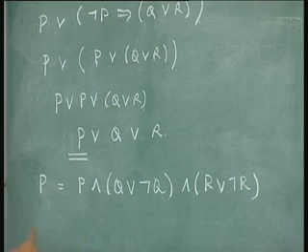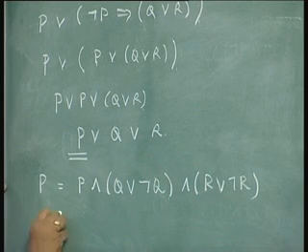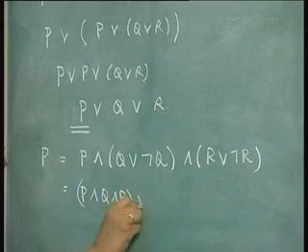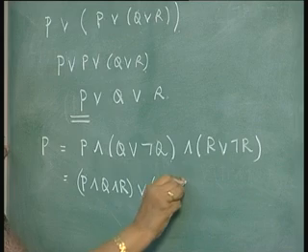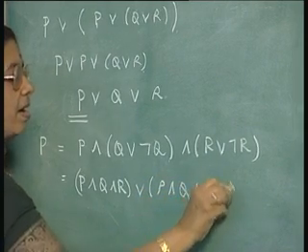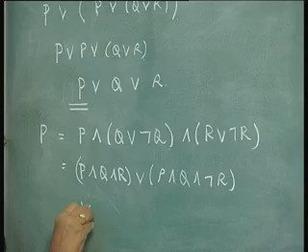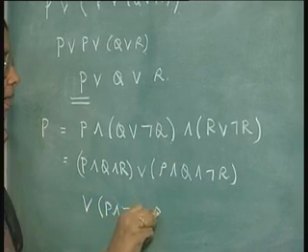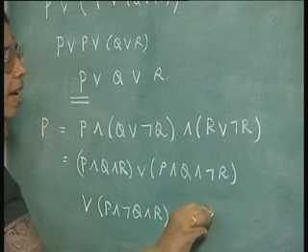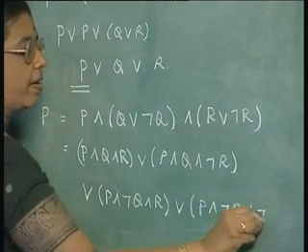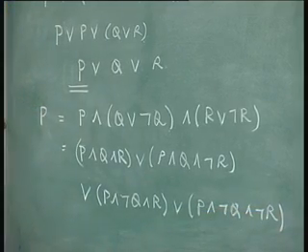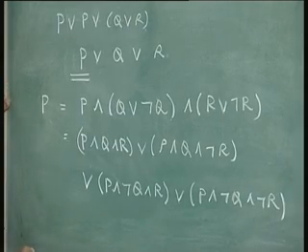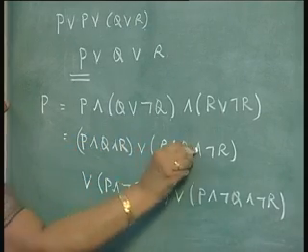and then if you expand using distributive laws, this will become P and Q and R, or P and Q and not R, or P and not Q and R, or P and not Q and not R. So, you will see that each is a minterm, this is a minterm, this is a minterm, this is a minterm.